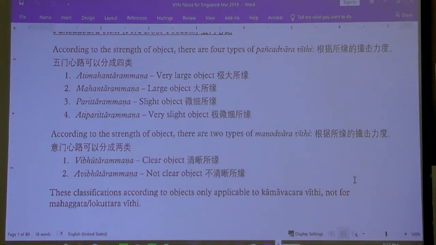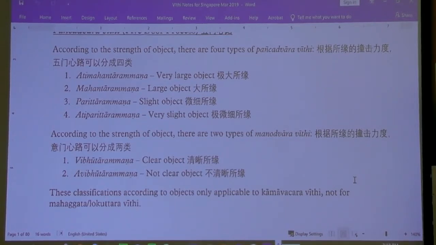This one is only for the Kamavacara plane, only for Kamavacara consciousness. When you enter the jhana mind, there is no difference between clear or not clear. It has no meaning. Why?